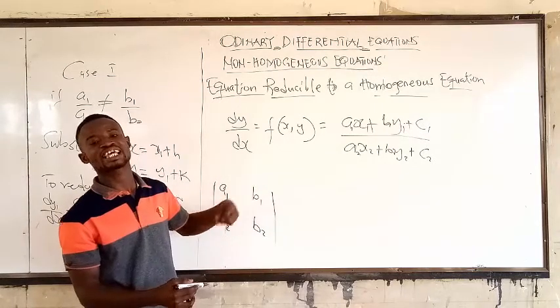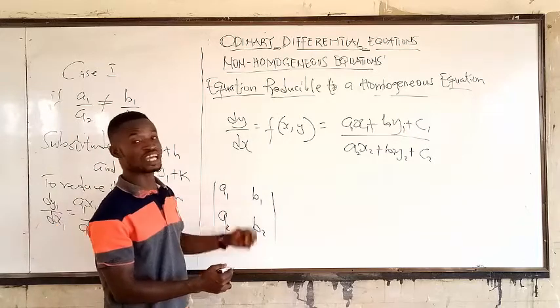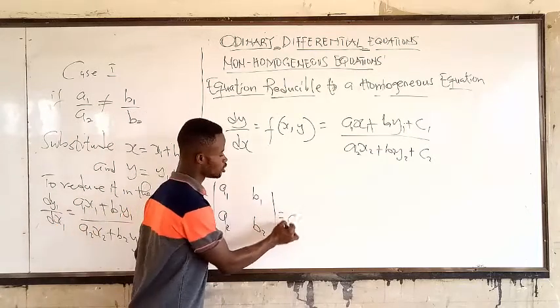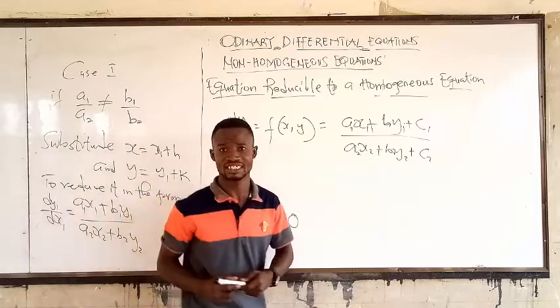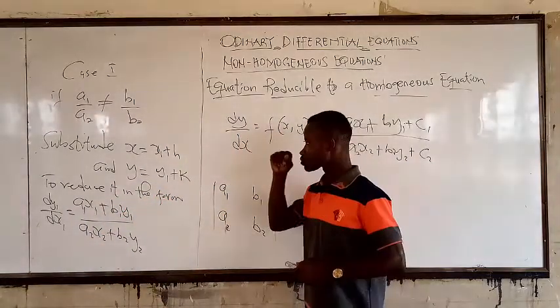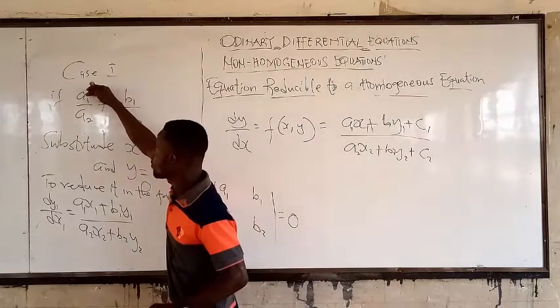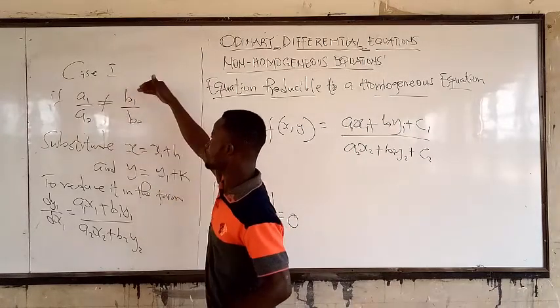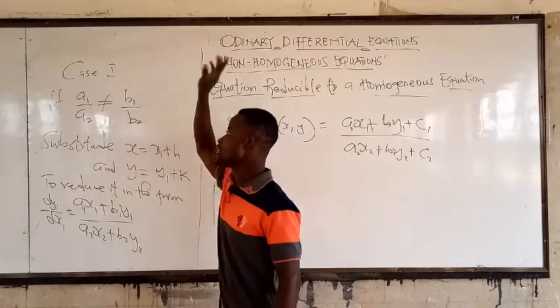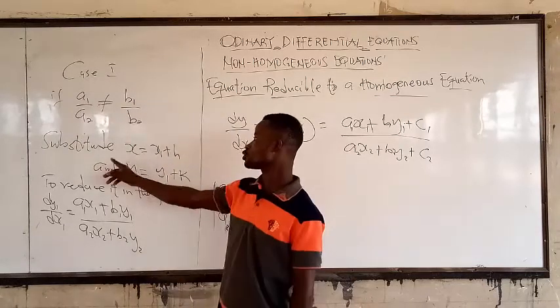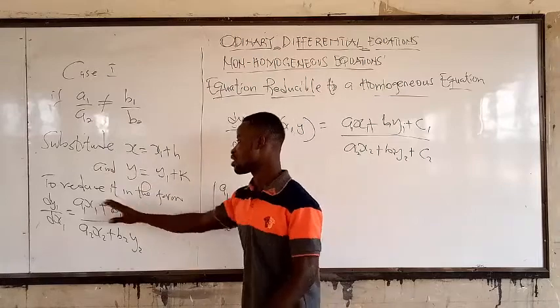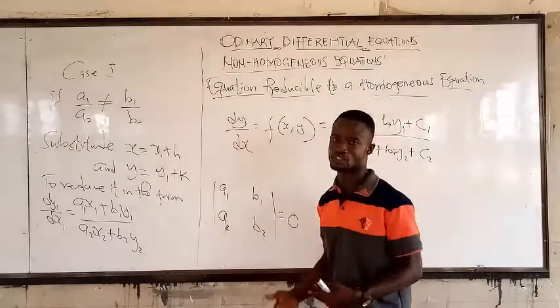Then you find the determinant. And when you find the determinant, you should be getting 0 here, because we are saying that if a1 over a2 and b1 over b2 are not the same, then we substitute this to that, then we pick up this. When we continue, you get to know what this means.